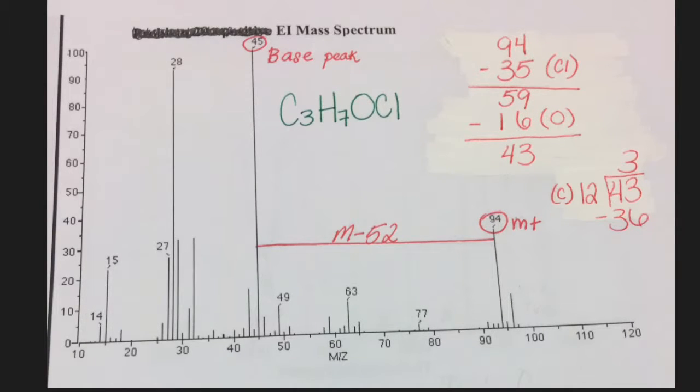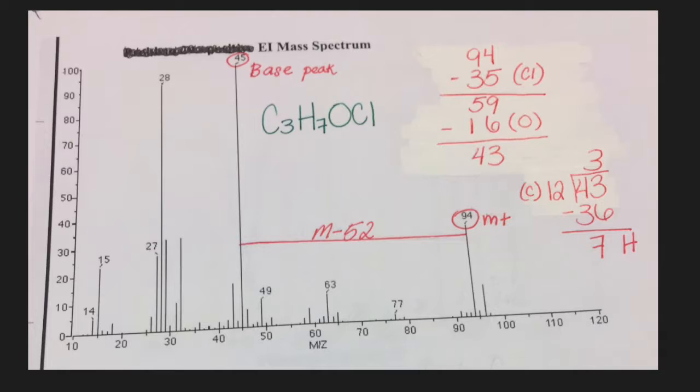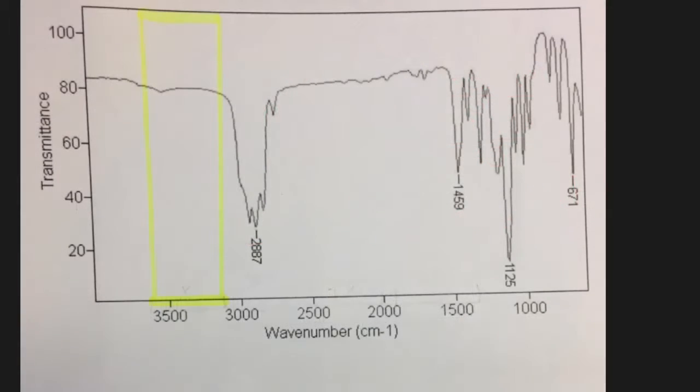Next, I'm going to take 43 and divide it by the molecular weight of carbon, which is 12, to get the number of carbons, which is 3. Next, I'm just going to calculate the remainder to get the number of hydrogens in my formula, which is 7.